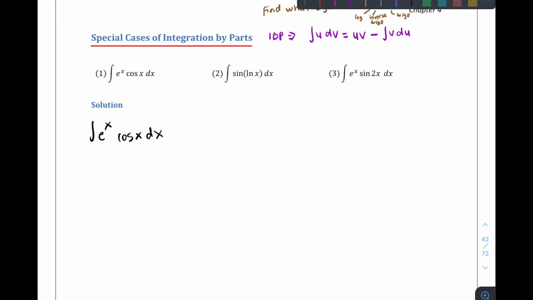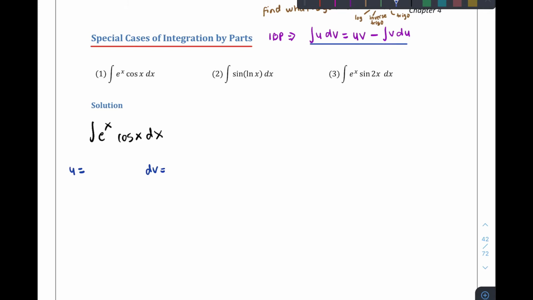It is a product in its simplest form, so you can try IBP. You must know your u and your dv so that you can use this formula.